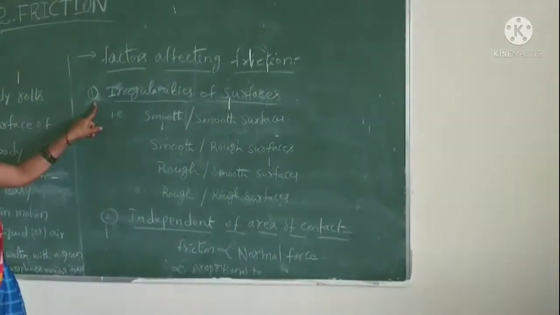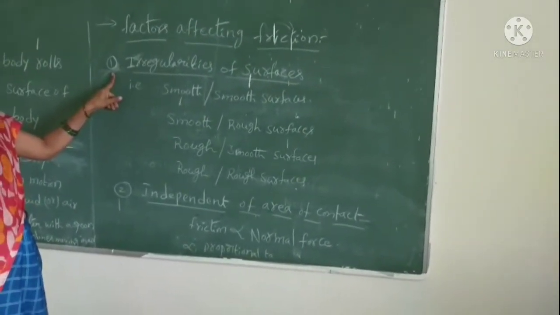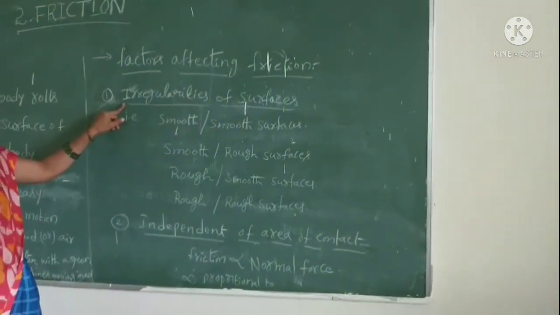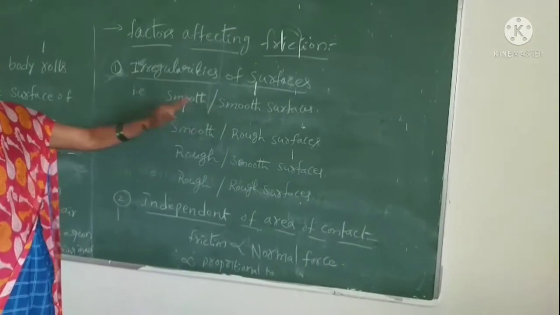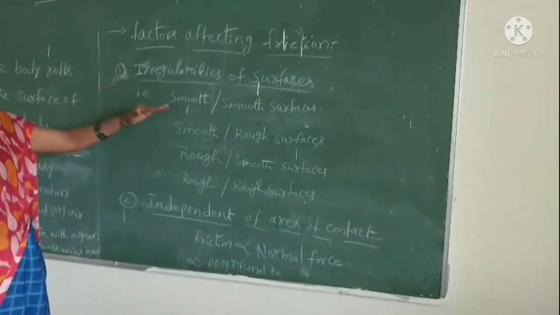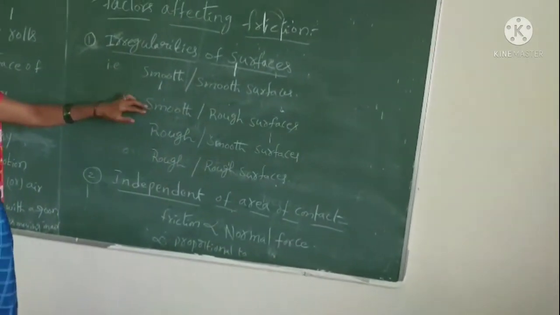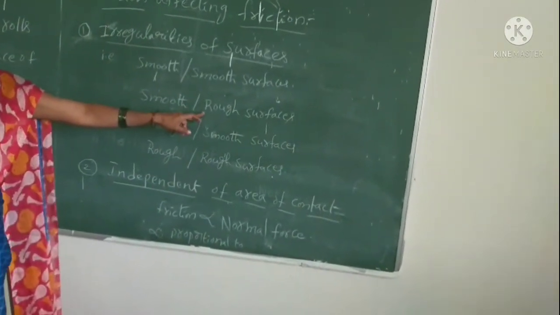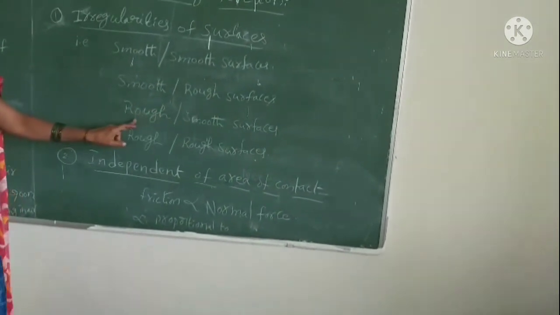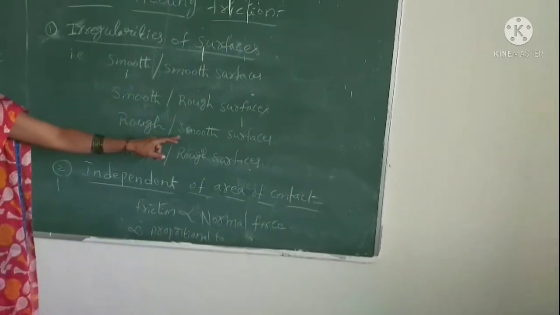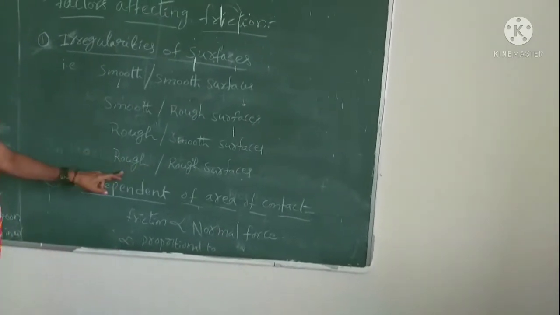First of all, irregularities of surfaces. The body depends upon the irregularities of surfaces. For example, two smooth surfaces, the body moves on both. Next, one surface is smooth and another is rough, or both surfaces are rough.